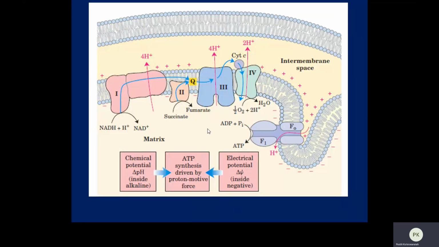You can see here this is the NADH, and here the FADH2 is formed, when succinate is converted into fumarate. When NADH and FADH2 transfer their electrons to the molecular oxygen, there are many oxidation reduction centers involved in between, and all these complexes have many oxidation reduction centers.